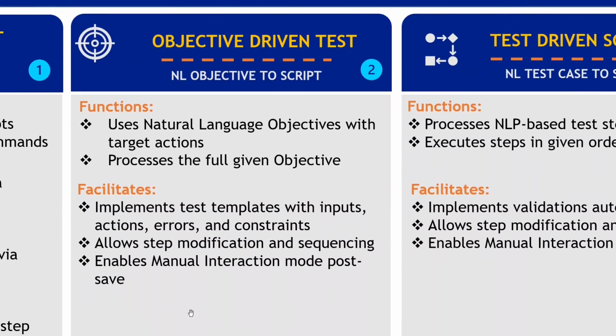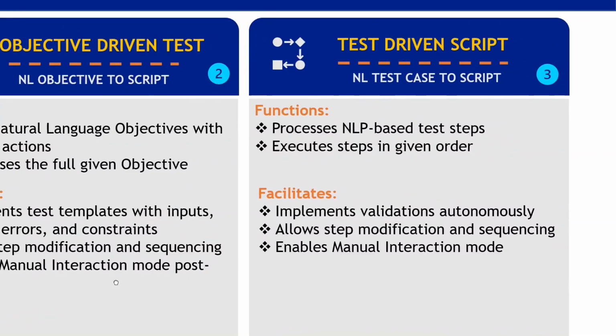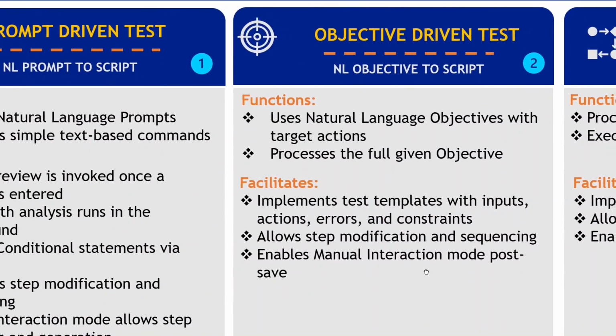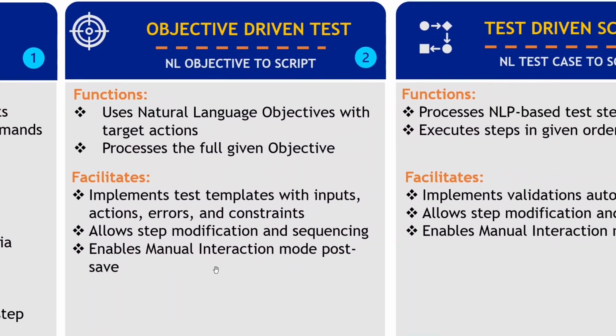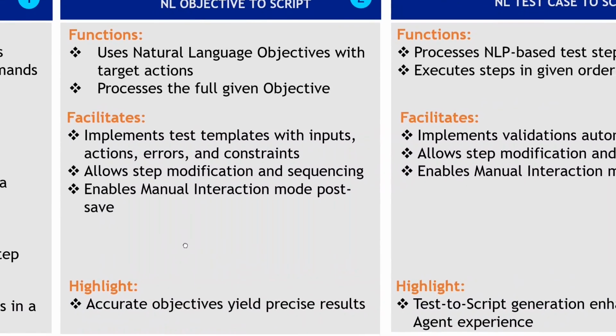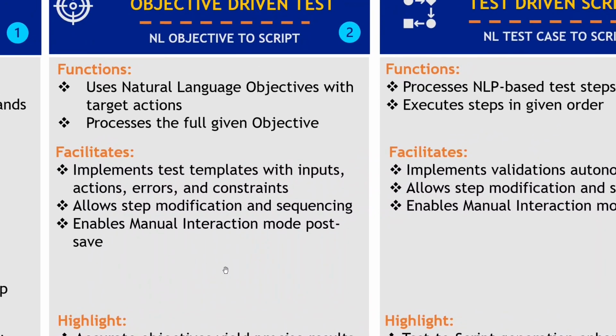And this particular test also enables manual interaction. Suppose your object is created and you want to edit or modify it, you have to enter the edit step screen and invoke this manual interaction, which takes you to the recording mode and asks you to save once it is completed.